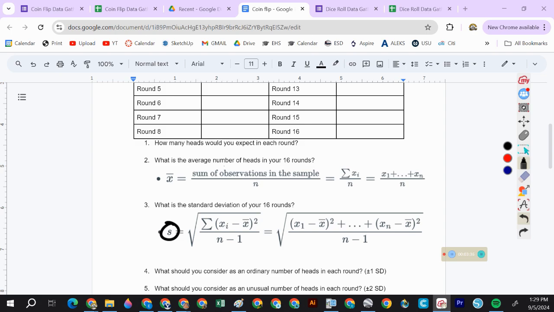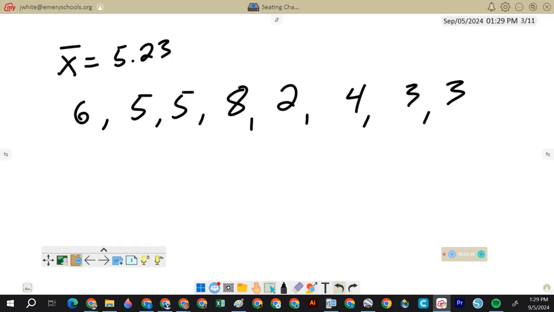It says take every term and subtract from it the average. So I need to go through and figure out how far each number is from the average. How far is 6 from the average?